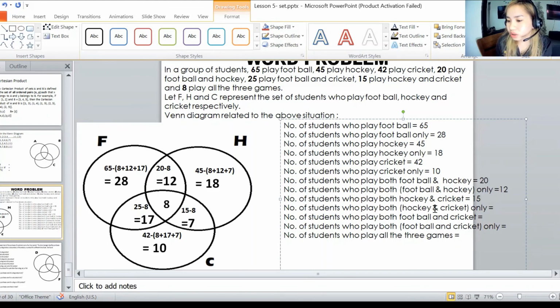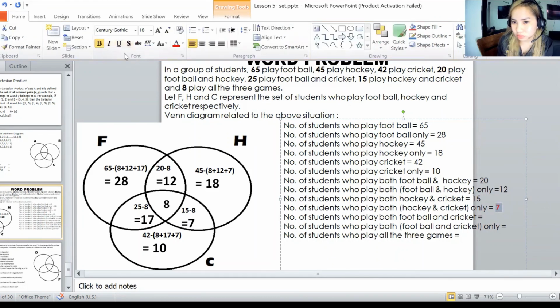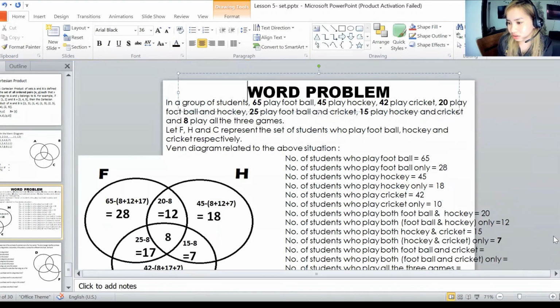Next, student who play both hockey and cricket only. Dito po, yung nilalaro lang nila is hockey and cricket lang daw po. So, ang magiging answer natin dyan is 7. Ayan, ito po siya 7. Gawin natin siyang black. Ayan, 7.